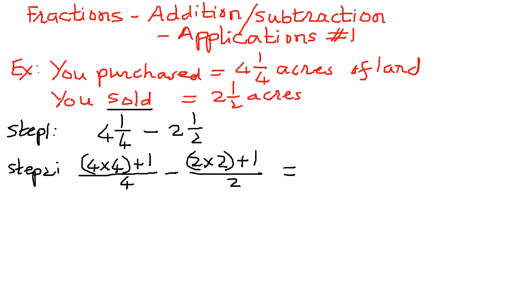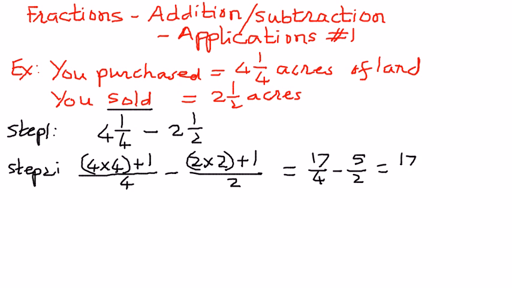So when we simplify this, it is going to come out as follows. 4 times 4 is 16. 16 plus 1 is 17 over 4, minus, in the second part of it, 2 times 2 is 4. 4 plus 1 is 5, divided by 2. The common denominator between 4 and 2 is 4.